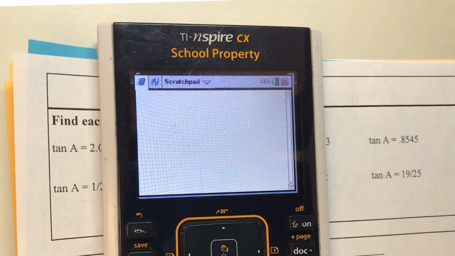I want to walk by and make sure everybody's got their calculators in degree mode. Okay, good. All right.